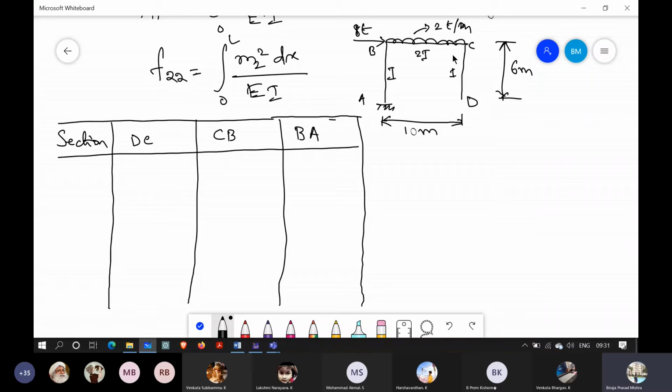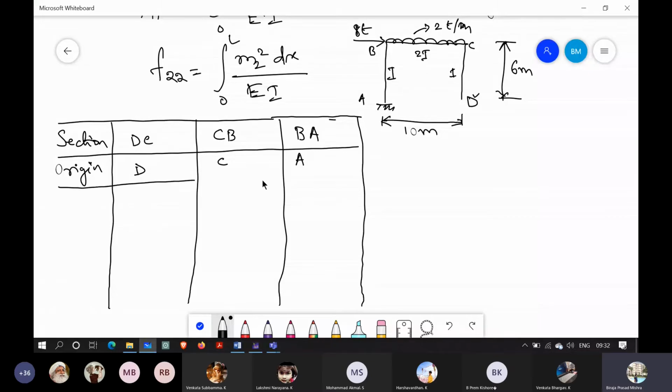We will go sequentially. For segment CD, let us take D as the origin. Then for CB it is C, and for BA the origin is, let's say, E, from where we will start the value of X.